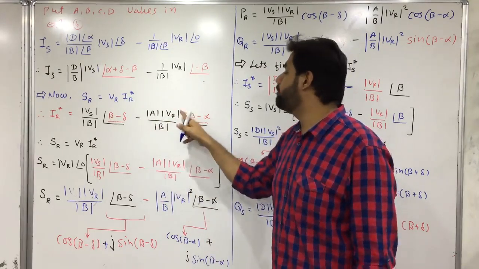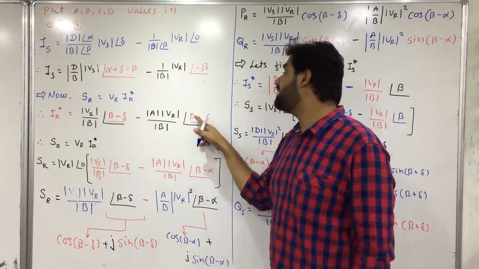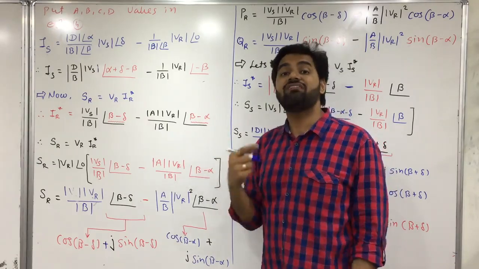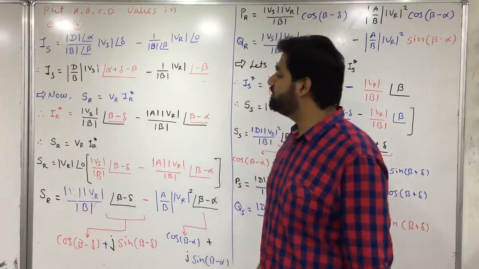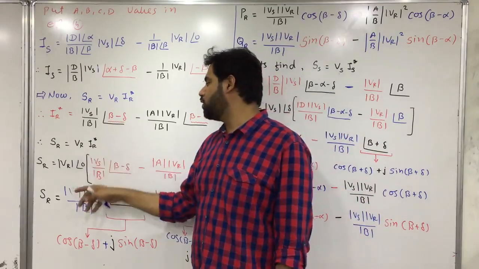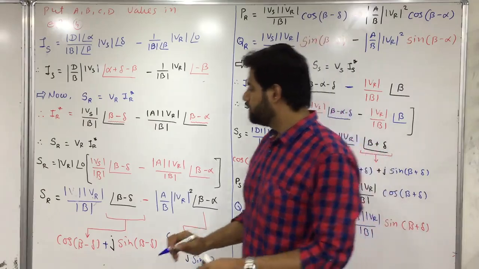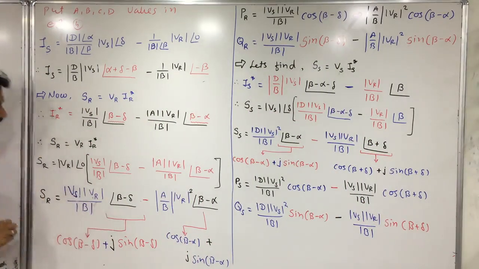Here I have mod A, mod B, and in my previous board I wrote alpha minus beta, but I am writing over here beta minus alpha because I have taken a conjugate. Now receiving end power is given by VR IR conjugate. I am so sorry, this is VS and this is VR.